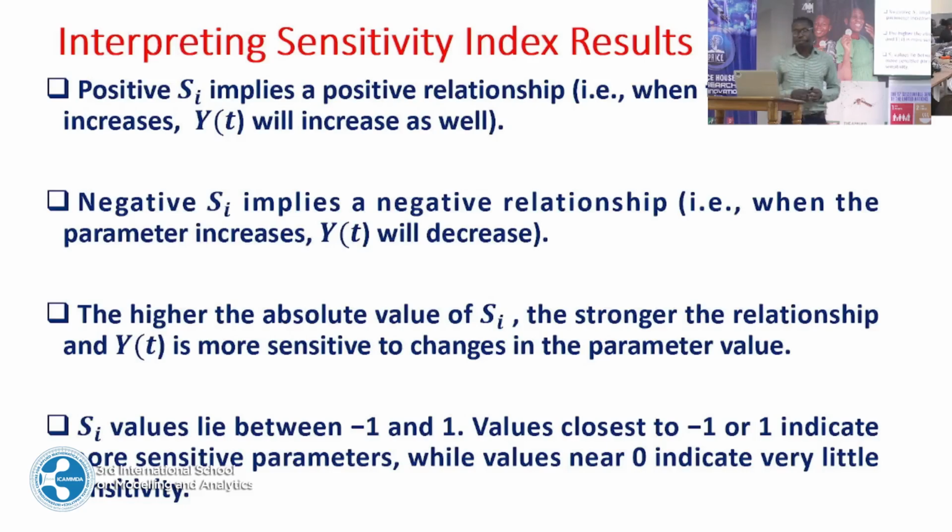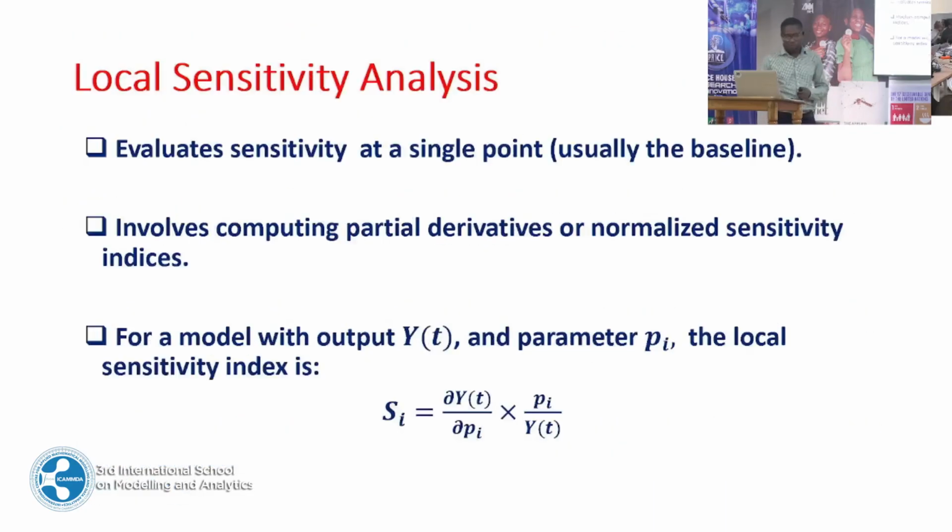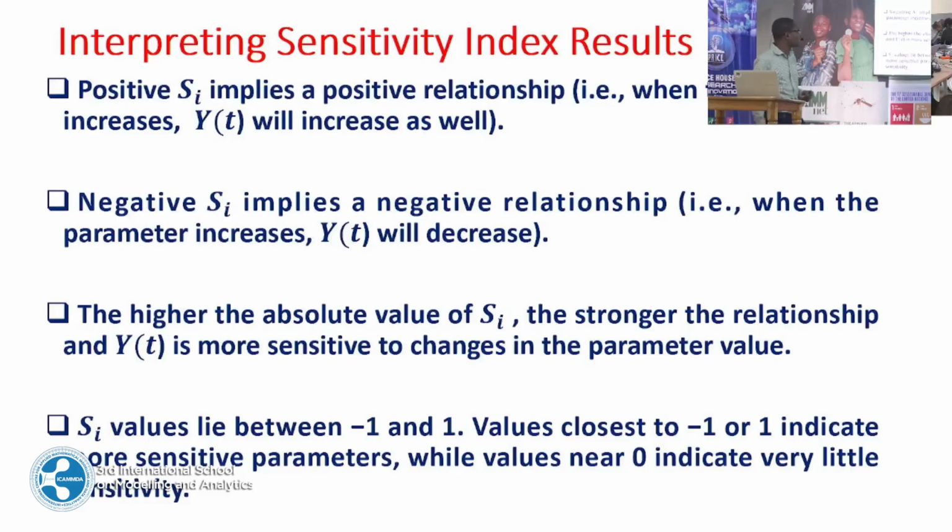Now, how do we interpret sensitivity index results? Recall, this is our SI, given by this formula. If I have a positive SI, it implies that there is a positive relationship. That is, when the parameter increases, the model output that I'm considering will also increase.